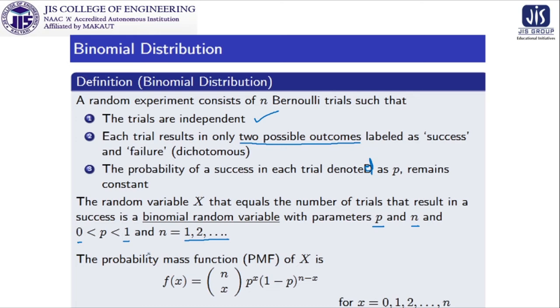So the probability mass function for this X, it is a mass function because it is a discrete random variable, and this is nothing but an extension of the discussion of discrete random variables in a special case. So f(x) is nCx p to the power x into (1 minus p) whole to the power n minus x, for x running from 0 to n.